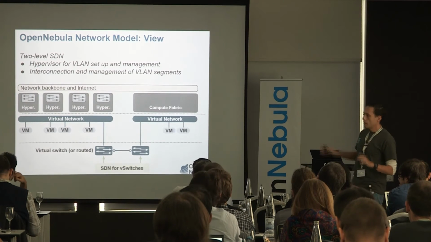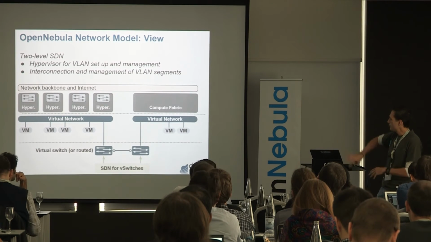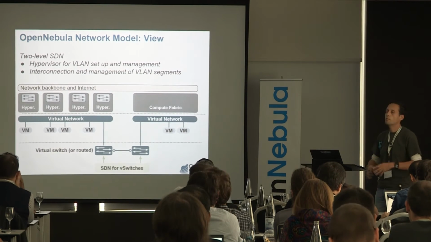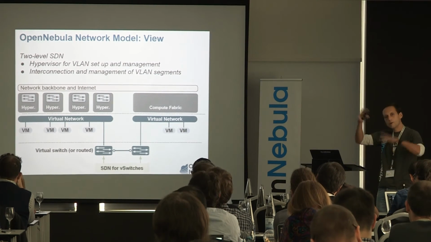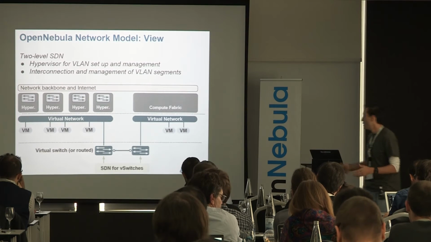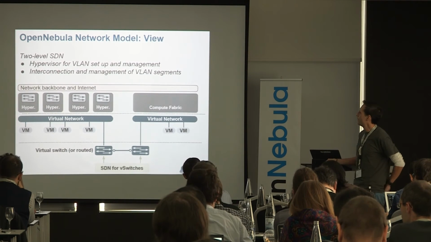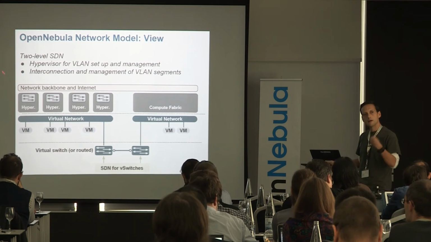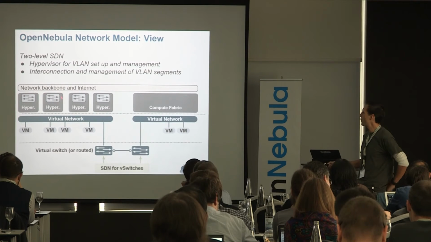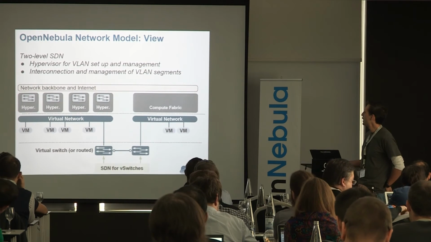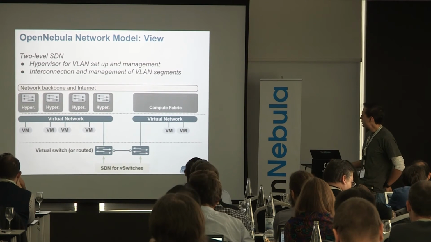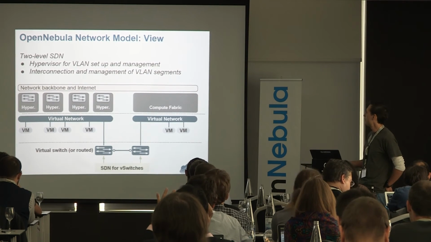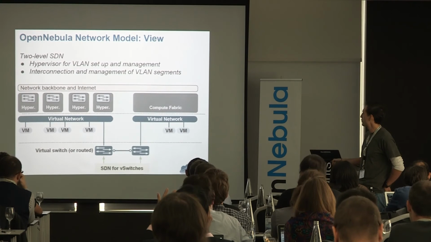So to end my presentation, this will be the OpenNebula network model view, considering all of these things. We have what we call a two-level SDN: one which is the built-in SDN from OpenNebula to handle the switches, and an SDN for OpenFlow capable switches to interconnect virtual network segments across clouds.